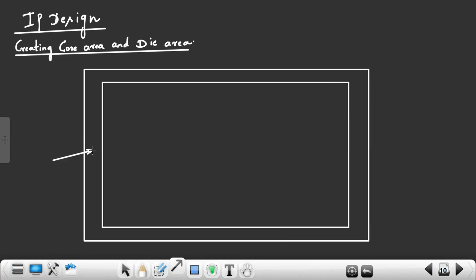I have to design my entire block in this area only. The inside of the block is called the core area. Inside this core area only, we are going to place all the standard cells and macros. The outer region is called the die area.